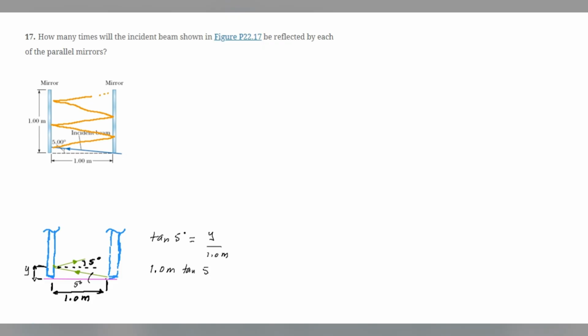So y will be 0.09 meters. Now, if we extend this ray, then this distance here is 2y.